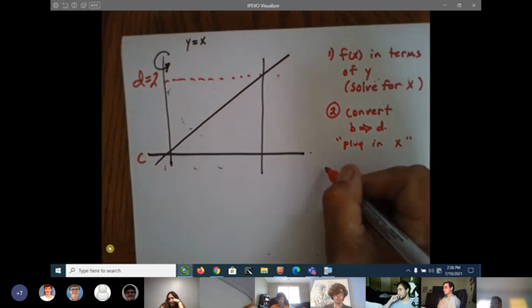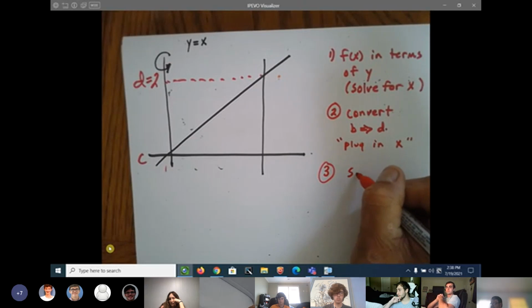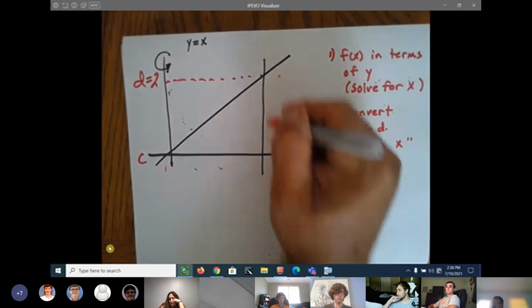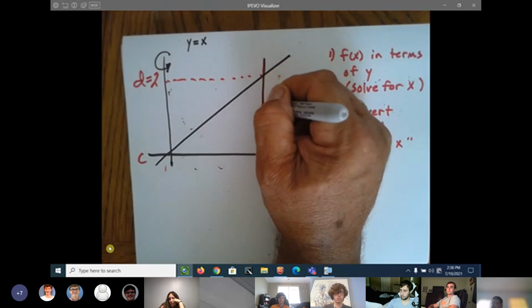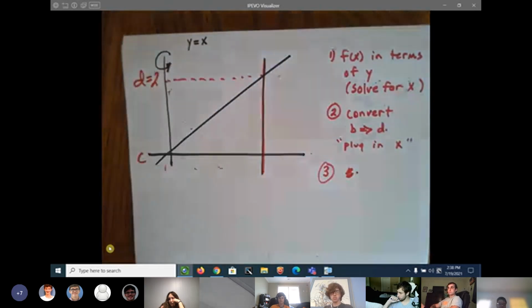And then three, again, make sure you solve. Well, let's draw it. Let's go with this green and a purple, a magenta.